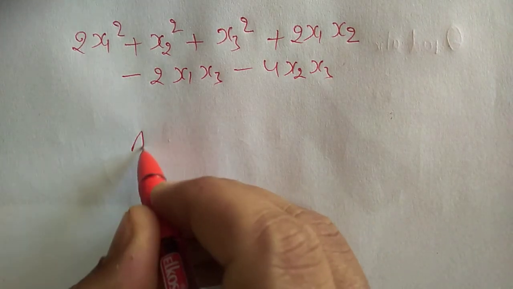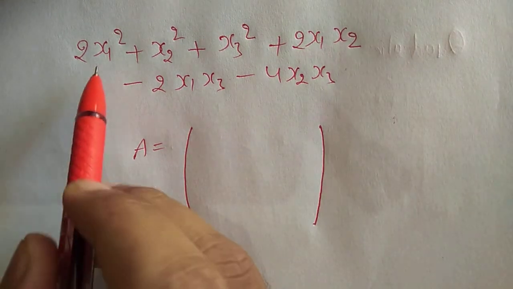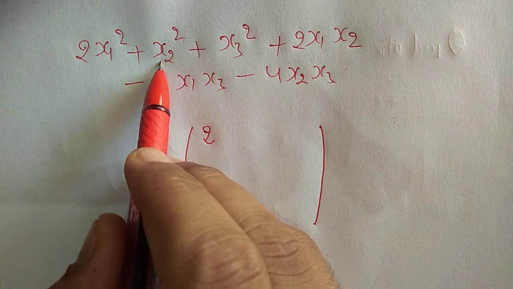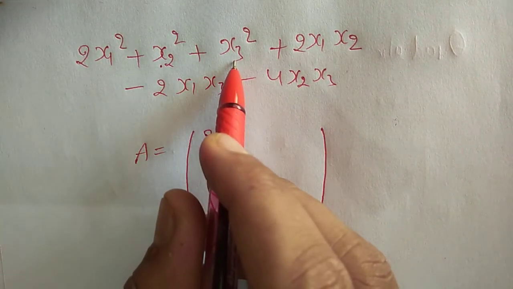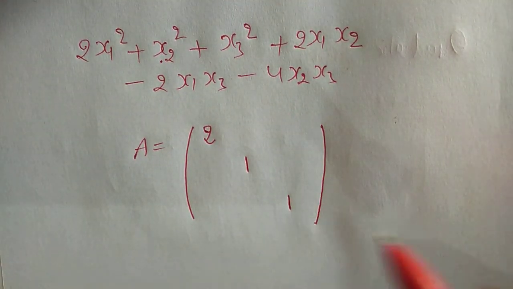So your A matrix will be here. First the coefficient of x1 square, first diagonal element, coefficient of x2 square, second diagonal element, and coefficient of x3 square, third diagonal element.